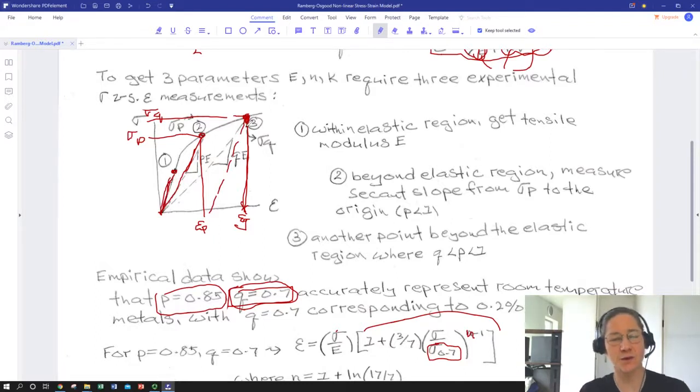So if these two were parallel, we would find that we hit the x-axis at 0.2%. So that's the classic 0.2% offset yield. That is very, very convenient because that value is well characterized for a lot of materials.